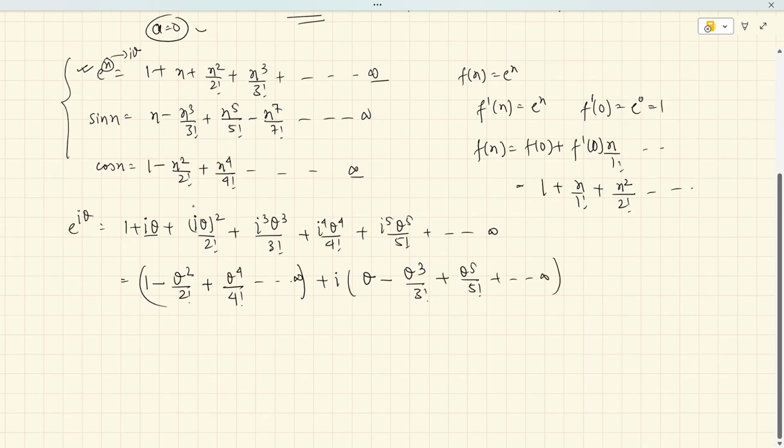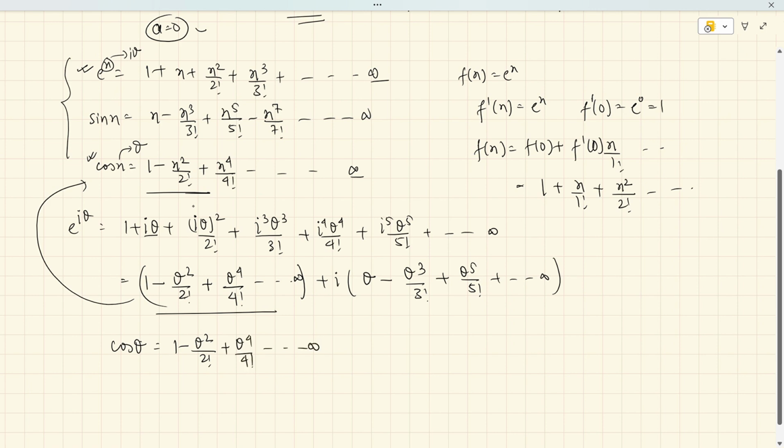If you closely look, this is 1 minus x square divided by 2 factorial plus x to the power 4 divided by 4 factorial, just like this. So if I replace x with theta, we get cos theta is equal to 1 minus theta square divided by 2 factorial plus theta to the power 4 divided by 4 factorial and so on. And here you can also relate theta minus theta cube divided by 3 factorial plus so on; this is the expansion of sin x.